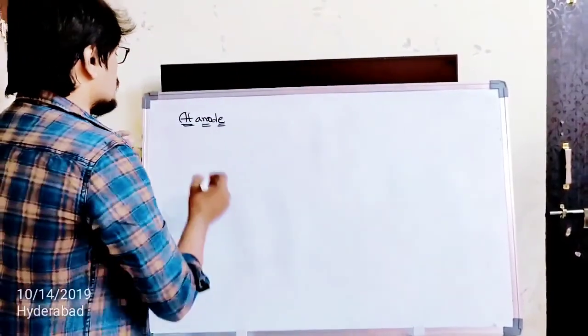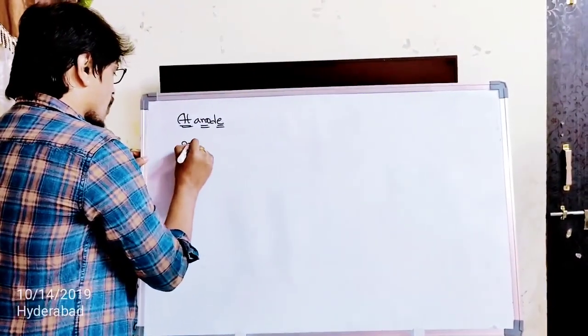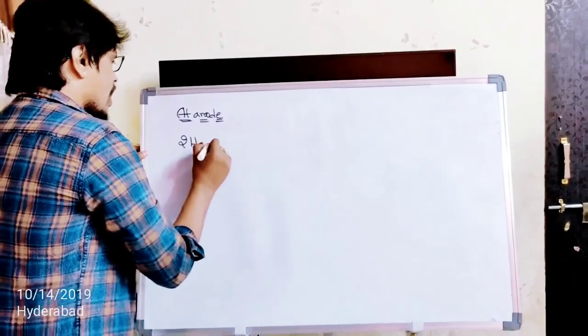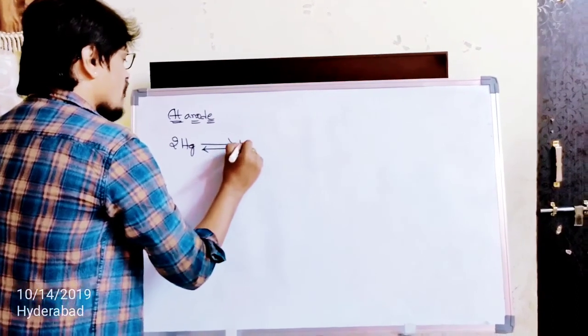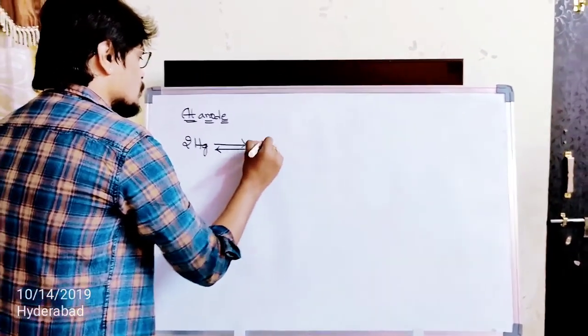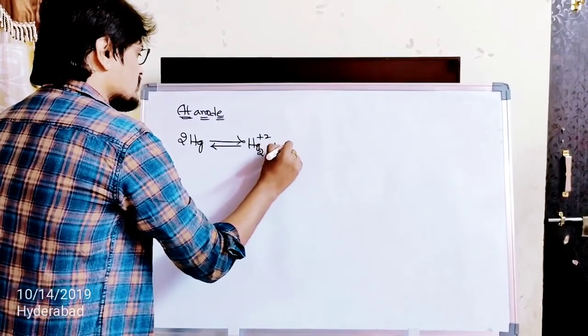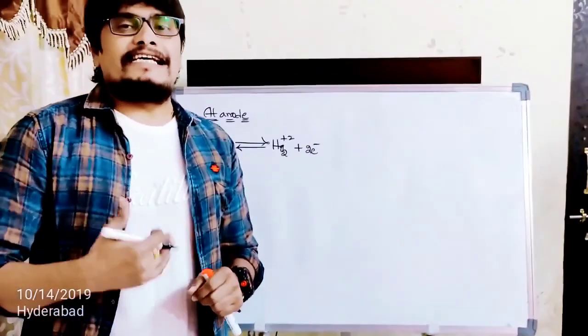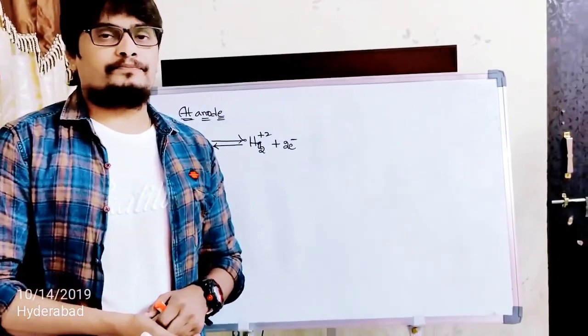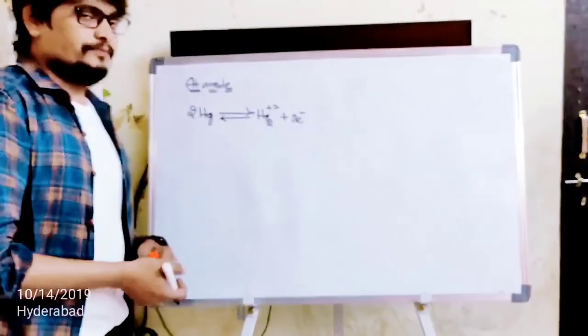Mercury. So do remember that. 2 moles of mercury undergo oxidation, resulting in the formation of Hg2 2+ and losing 2 electrons, because loss of electrons is oxidation. Loss of electrons is oxidation.